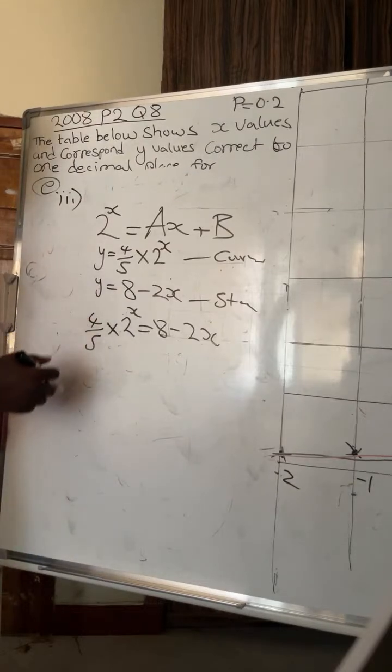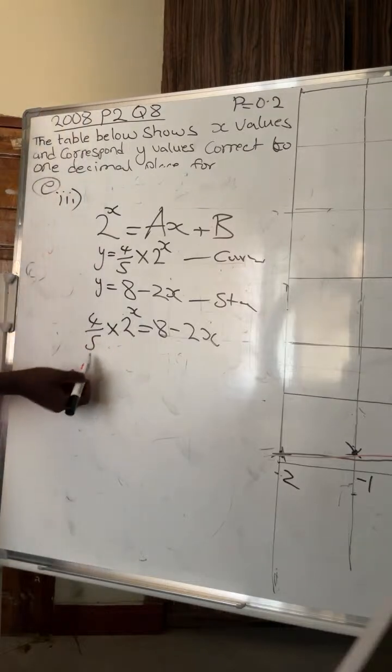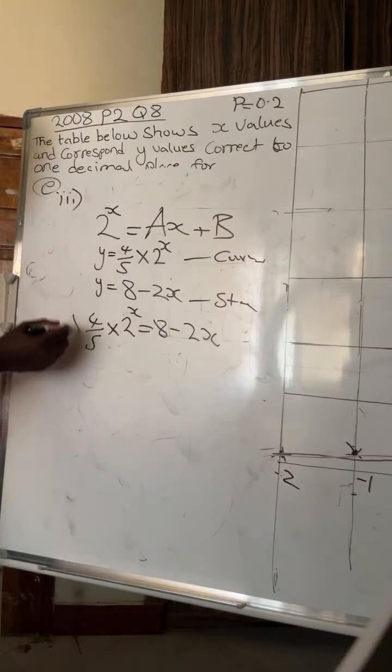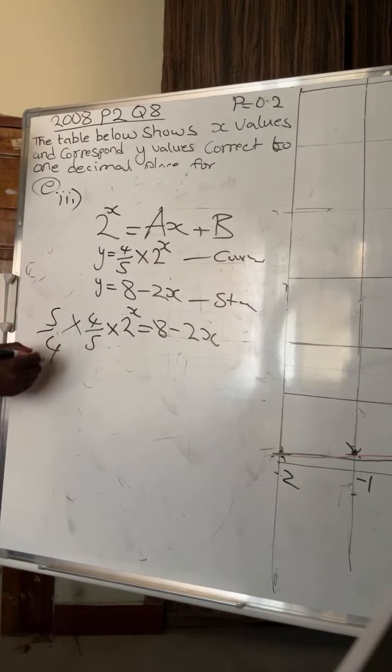A reciprocal is a number which, when multiplied, gives 1. So the reciprocal of this is 5 over 4, and we multiply both sides by 5 over 4.